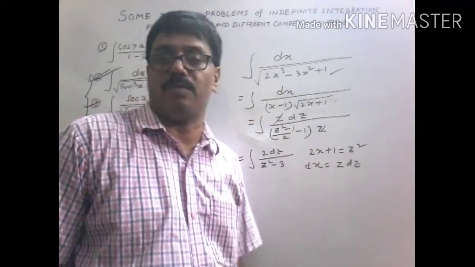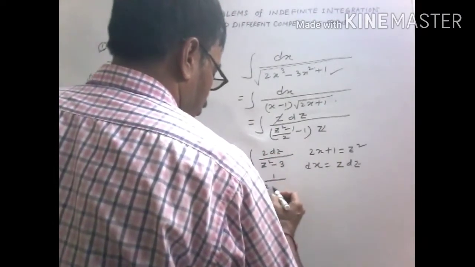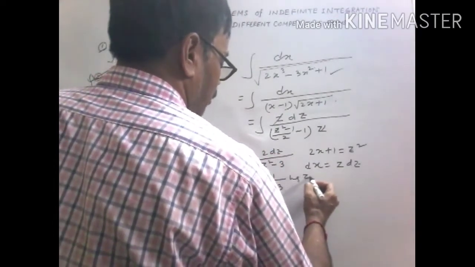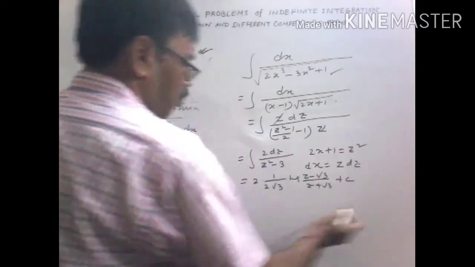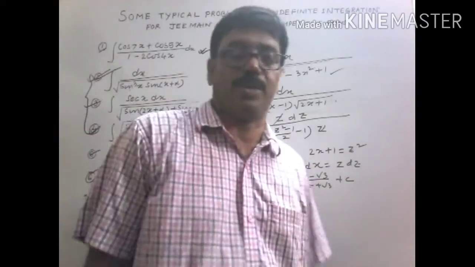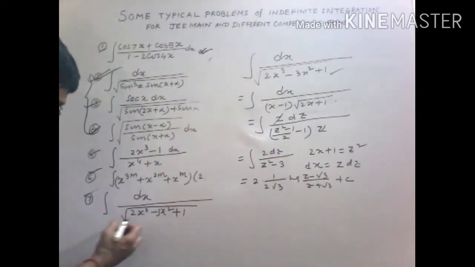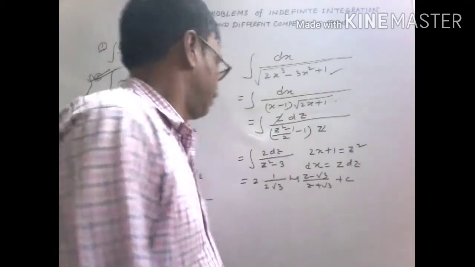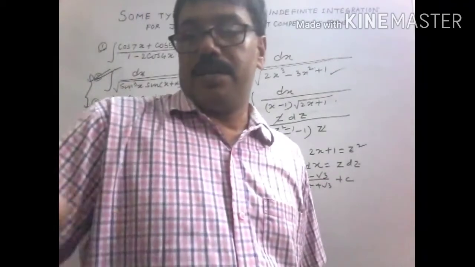So this one is the standard form dx by x square minus a square. So 1 by 2 root 3 log of z minus root 3 by z plus root 3, plus c. So putting the value of z, we get the solution. So look, if you get this type of cubic equation within a root, you try to factorize and then solve. So this one and this one.